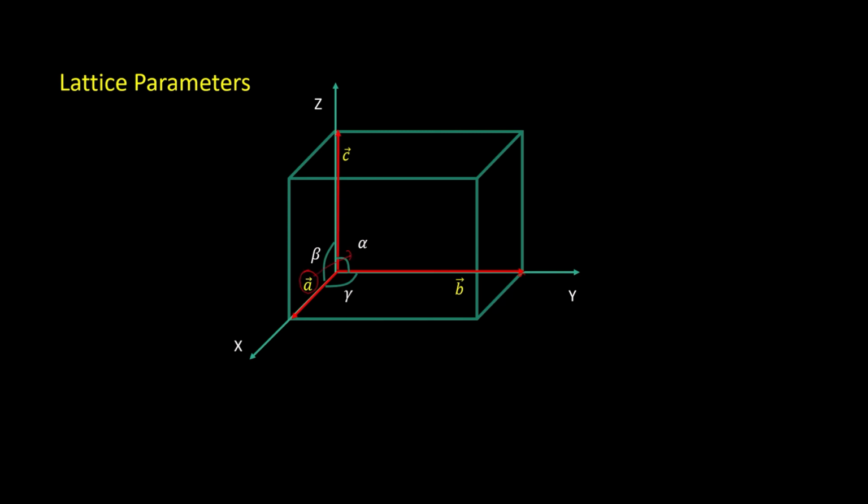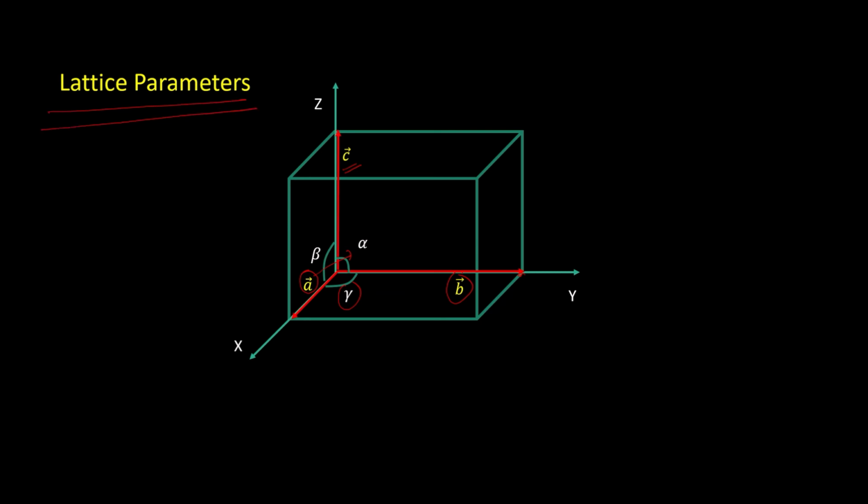And beta is the angle formed by the lattice vectors C and A, on the opposite side of B, and gamma is the angle on the opposite side of lattice vector C. So if you know these 6 parameters, the 3 lattice vectors A, B and C, and the 3 angles alpha, beta and gamma, you can specify the crystal structure in 3 dimensions, and these are called the lattice parameters.